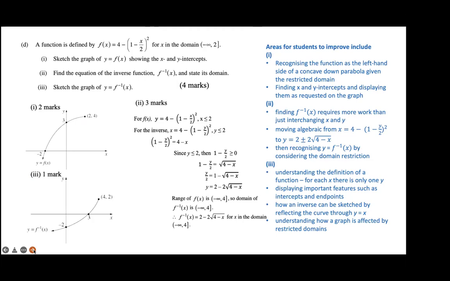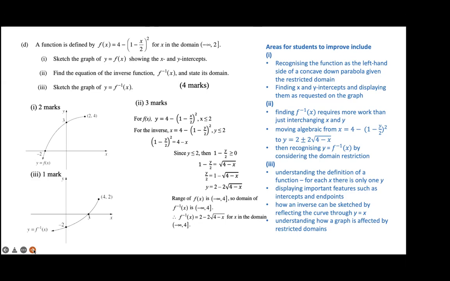Some students failed to consider the domain of the parabola and so sketched the whole concave down parabola. For some, poor sketching skills using different scales on the axes hindered conveying a basic parabolic shape. Quite a few students also neglected to show the intercepts.